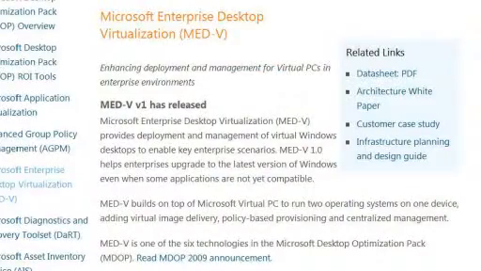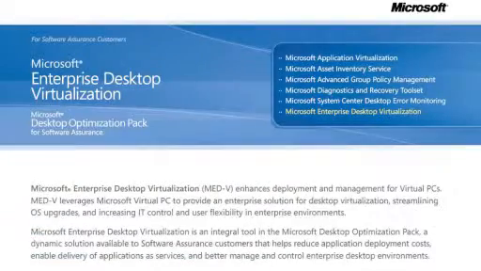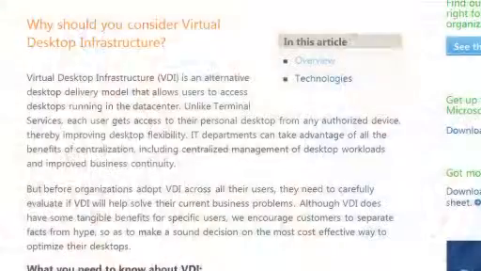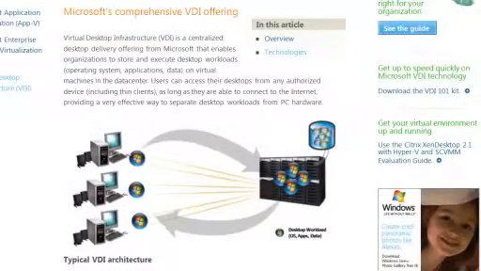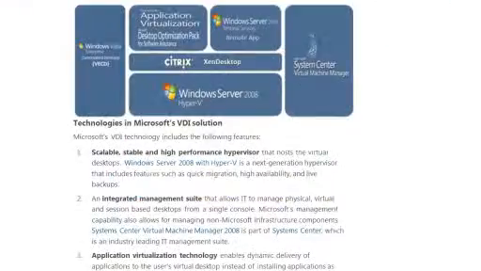Then you have MedV, which is a set of tools and technologies that you can use to deploy virtual machines to your desktops and manage and control those virtual machines. And then, last but not least, you have VDI, which is a way to present a virtualized desktop, the whole desktop, not just the application that is not compatible, the whole solution to the various users.